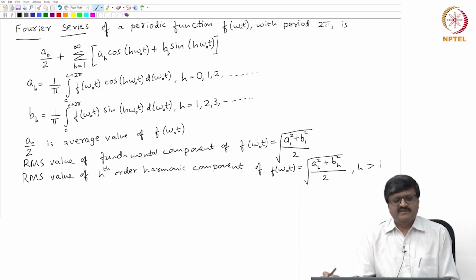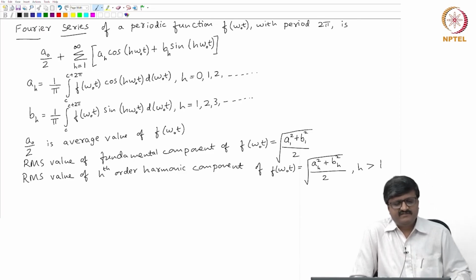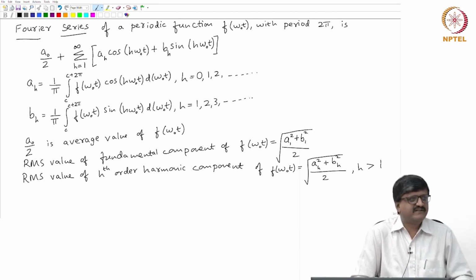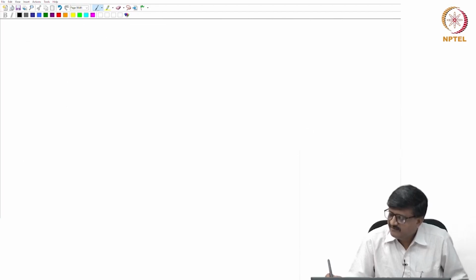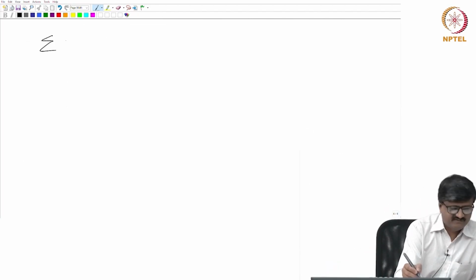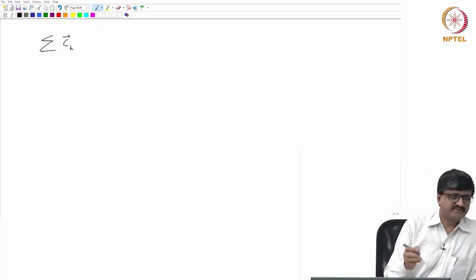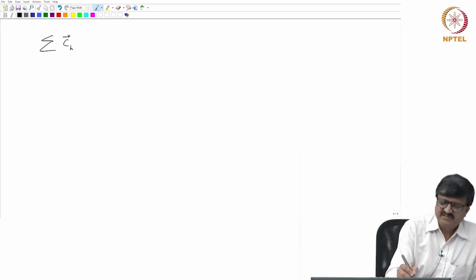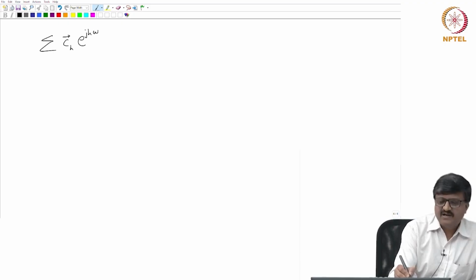Fine. Now, sometimes it is easy to use some other Fourier series other than this trigonometric Fourier series, and there is another equivalent form which is exponential. So, the exponential Fourier series is like this: sigma ch, and to explicitly indicate that ch is a complex number, I put an arrow over that. ch exponential of j h omega ot.